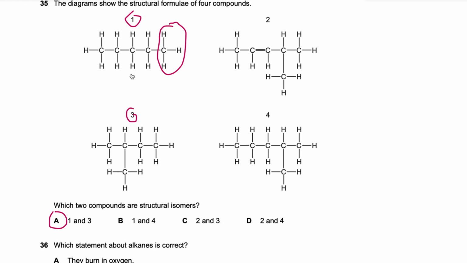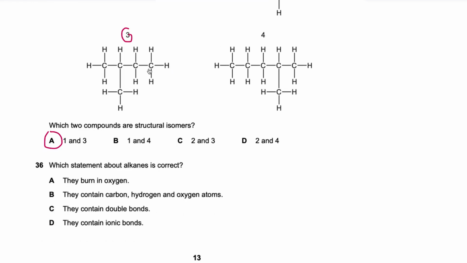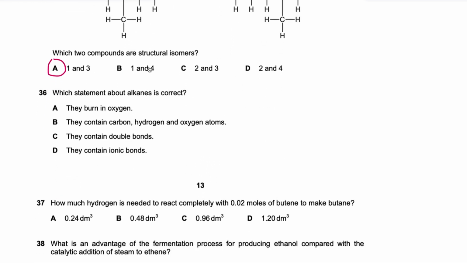This hydrogen, they put it on this end here. Take the whole of this, put it down here. That's what they did here. So they are isomers. They are called structural isomers. Okay, now let's go to question 36.